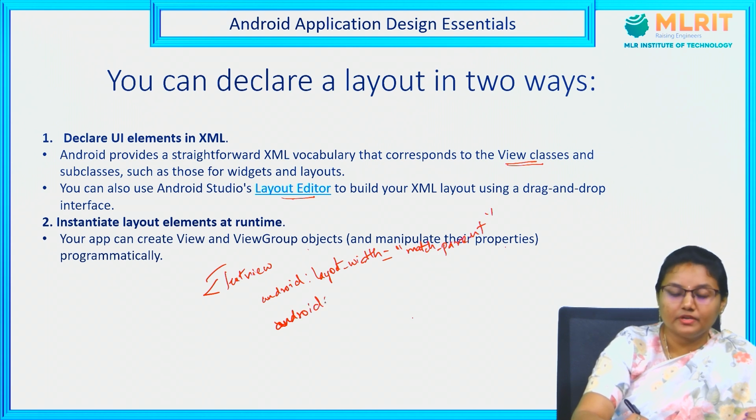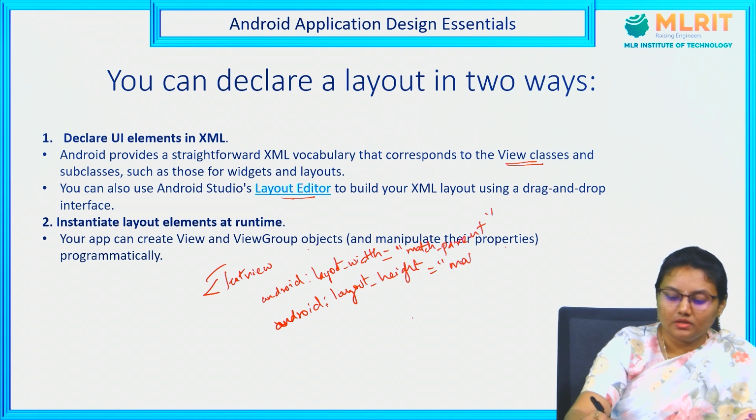For every property you will get Android as a prefix, as that is the XML namespace, then layout underscore height, which you can also set to match parent or wrap content, according to the requirement.